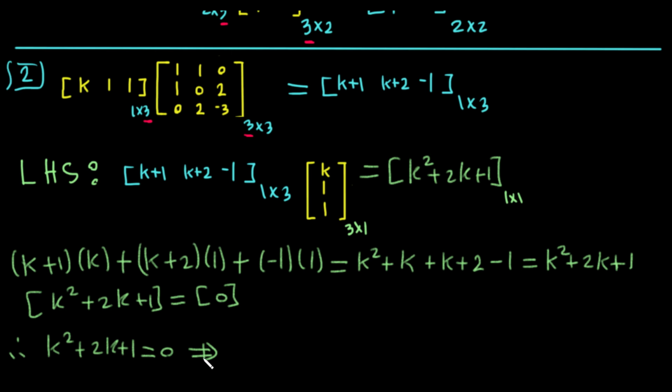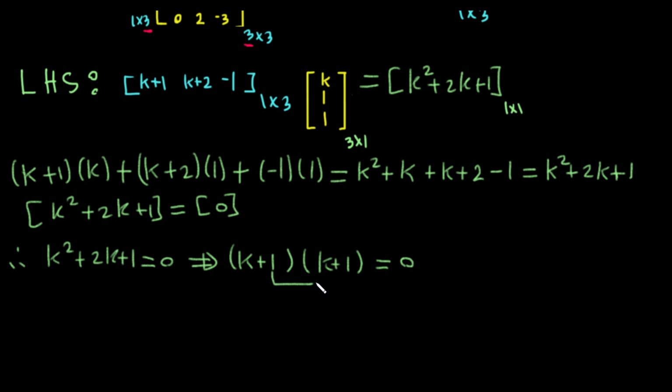Then by factoring this equation, we will have (k and k) equal to 0. Since this one is positive, both of them will be positive. And of course here we can factor this equation with 1 and 1.